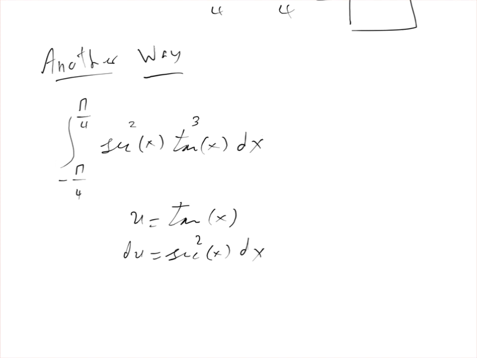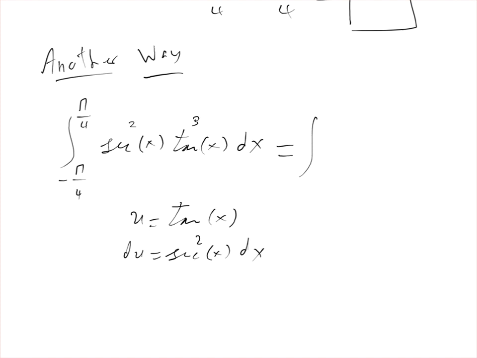So this is equal to finding the antiderivative. First of all, do the substitution and then find the antiderivative. I'm going to put the limits in a moment. First, let's substitute inside the integral. Secant squared dx is du, so that will be du at the end.